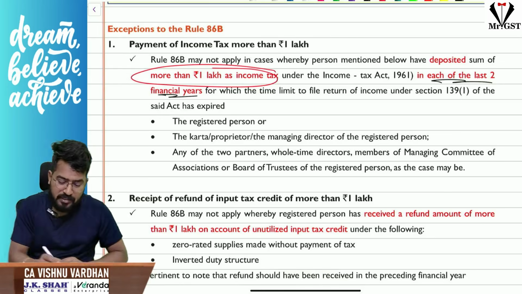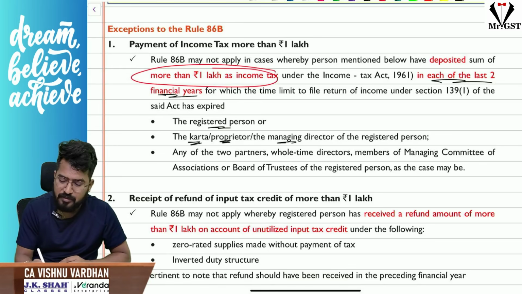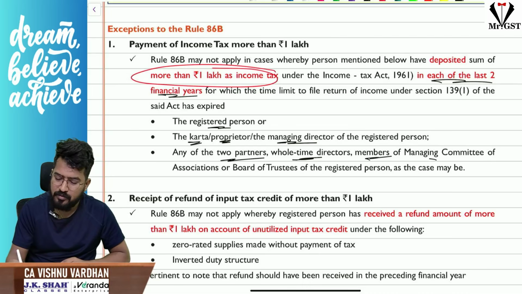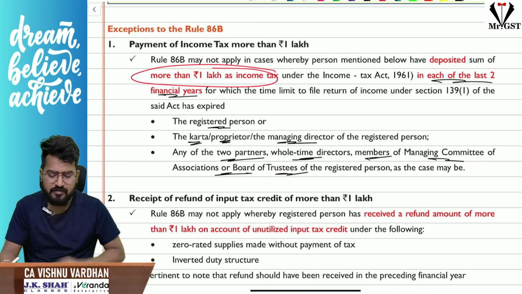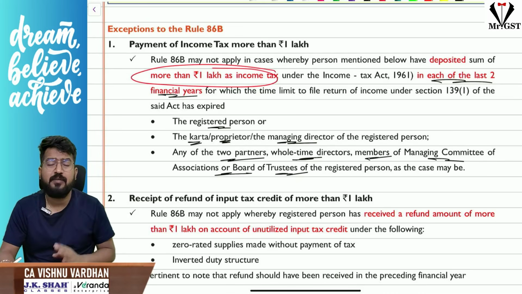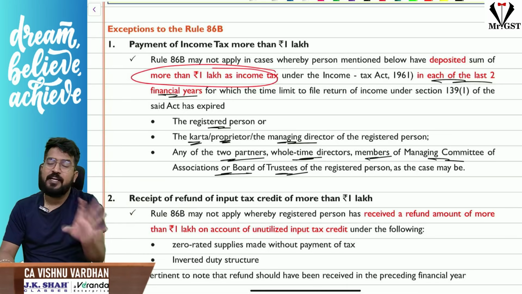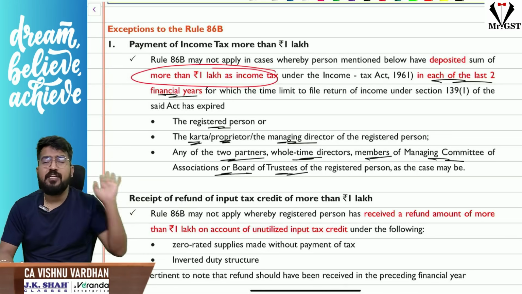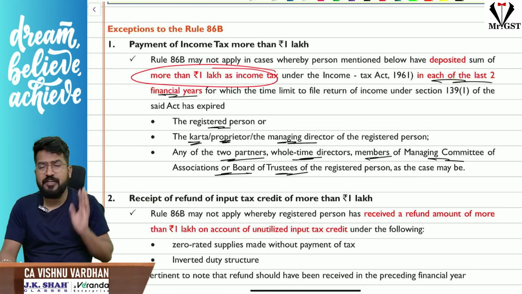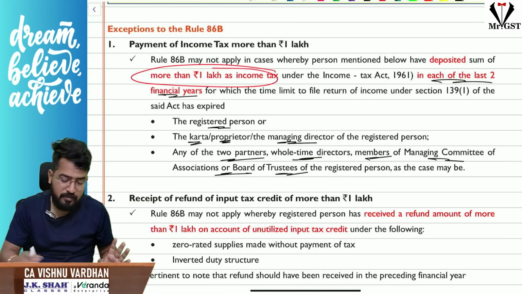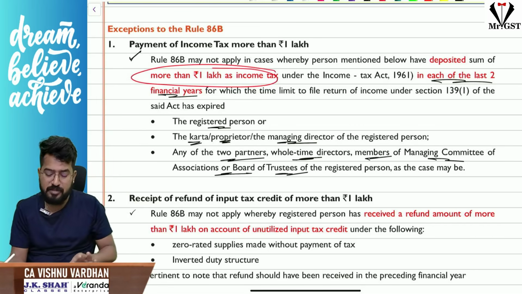Based on these people's personal income tax liability in the last 2 financial years, if they have paid more than 1 lakh, then for this particular company or partnership firm or even individual, rule 86B is not applicable. So this is one case where rule 86B is not applicable.